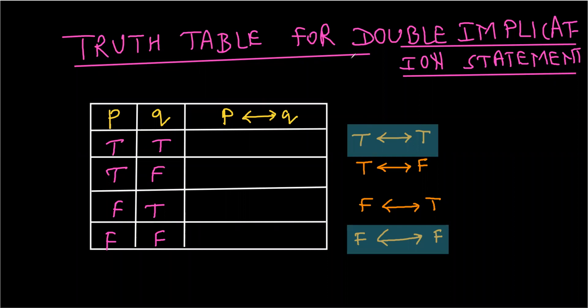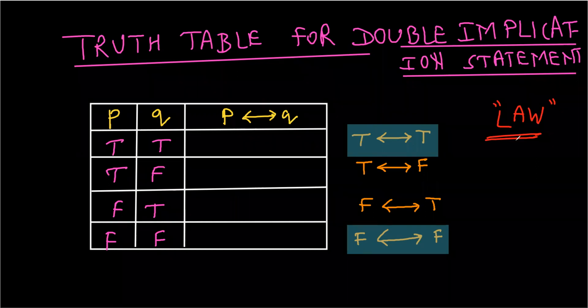You need to understand the underlying law in order to remember the truth table. For any compound statement, the underlying law is very important. If you understand the law, the truth table becomes very simple for you, or else you will struggle. So learn the law.